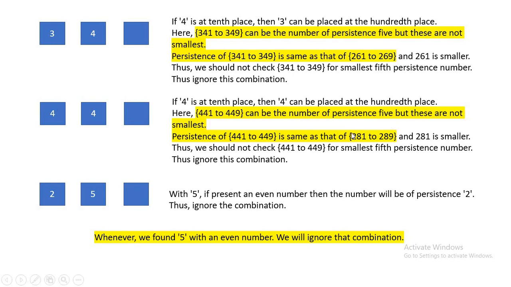The smallest can be 281 to 289. We have to check this 281 to 289. We have to check this 261 to 269. That will come later. This combination, 5 with an even digit, is of persistence 2, so we need not check this also.